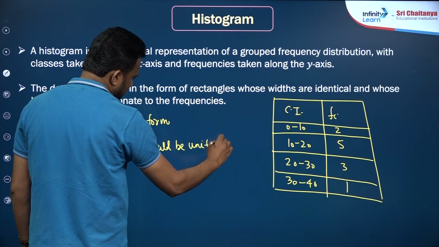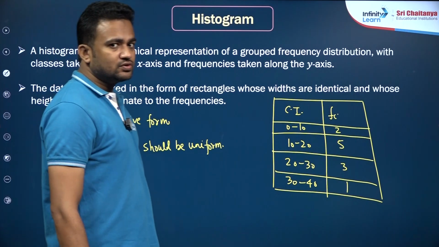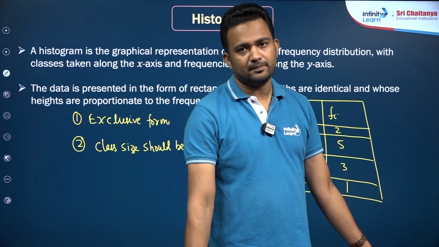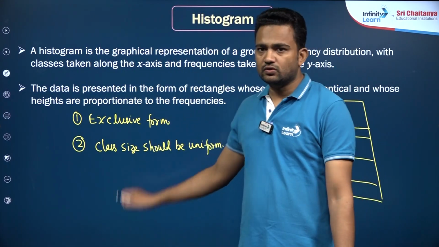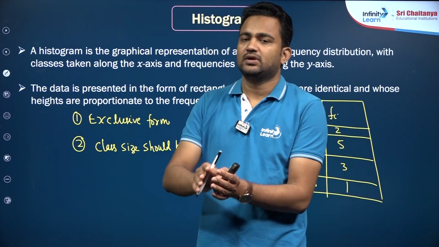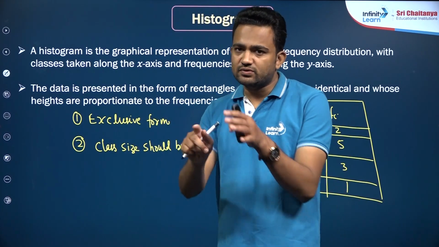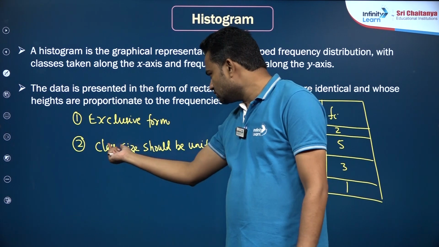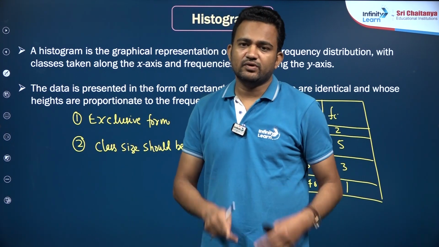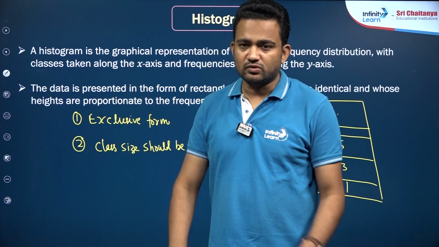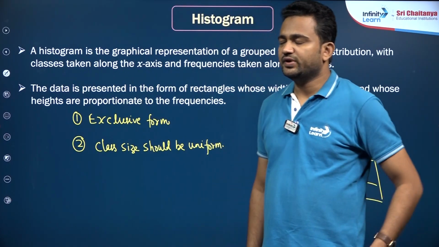If these two conditions hold true, then we can draw the histogram. If any one condition does not hold true, then first we will convert the given class interval into exclusive form, or if the class size is not uniform, we will make some changes. We will cover all these types of questions in today's class.